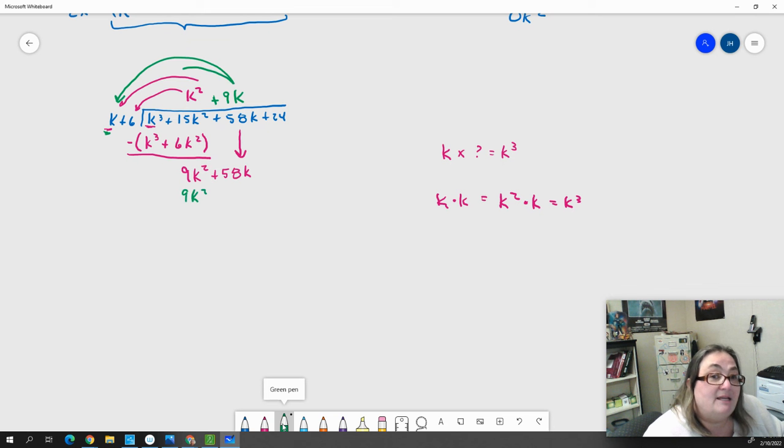And then 9k times 6 gives me plus 54k. And again, we're going to put that in parentheses and put the minus in front of it because we're going to subtract the whole thing. 9k squared minus 9k squared is 0. 58k minus 54k is 4k.